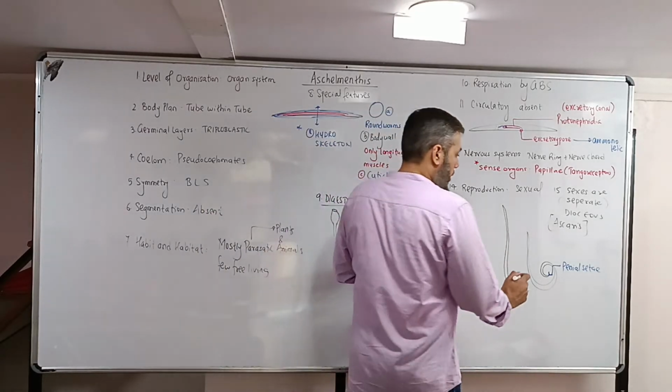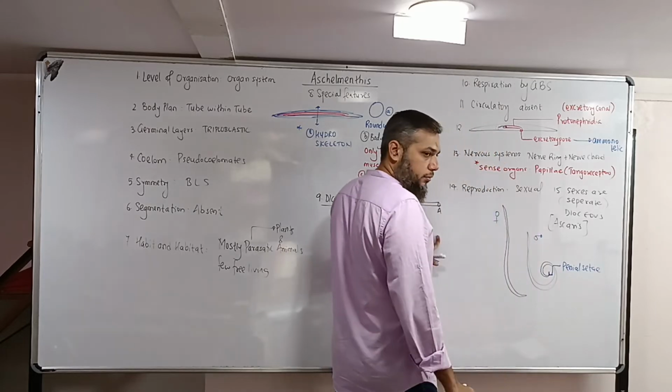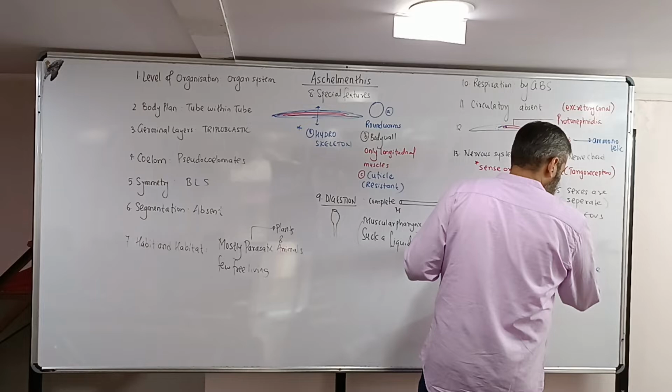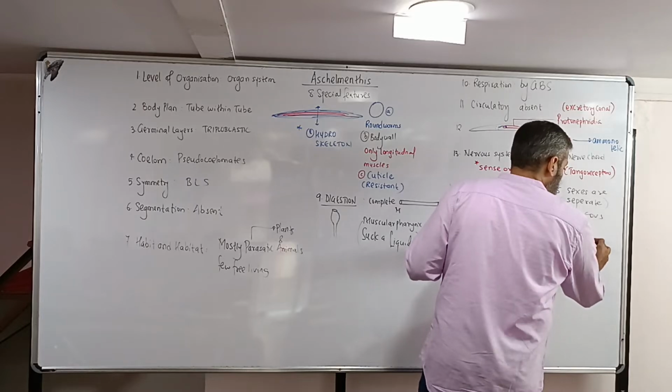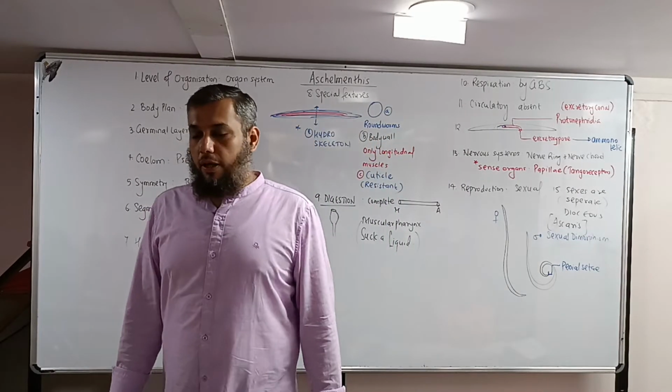That worm is going to be male. Another one is female. So can I say it shows sexual dimorphism? Meaning you can recognize by looking that it is sexually dimorphic.